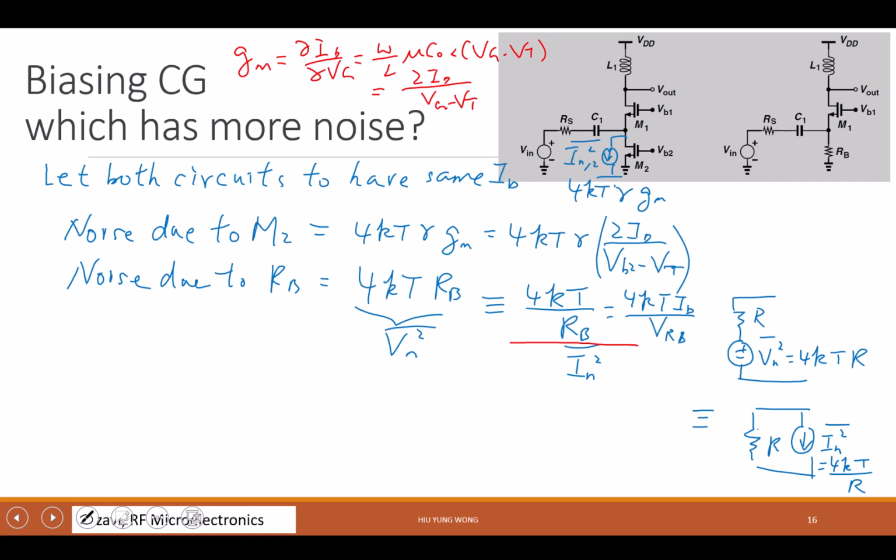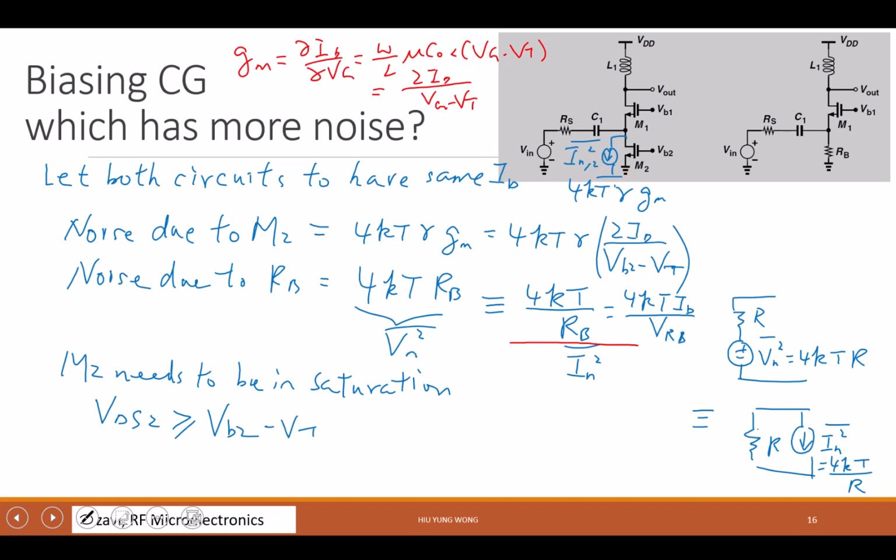Okay, and feel free to leave. Now I want to compare these two. But remember that M2 needs to be in saturation. That means VDS2 must be larger than or equal to VB2 minus VT.